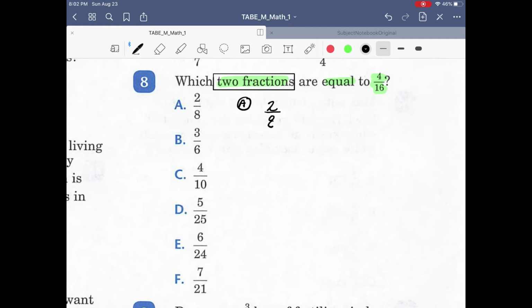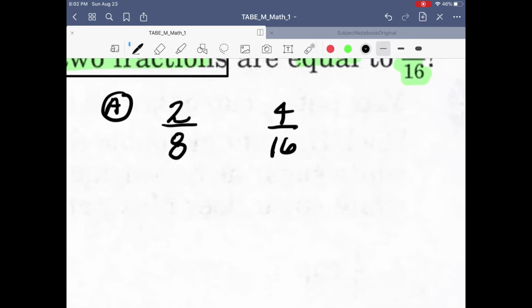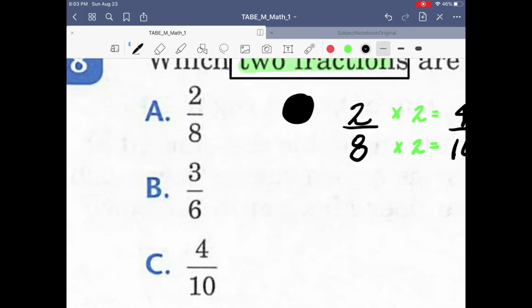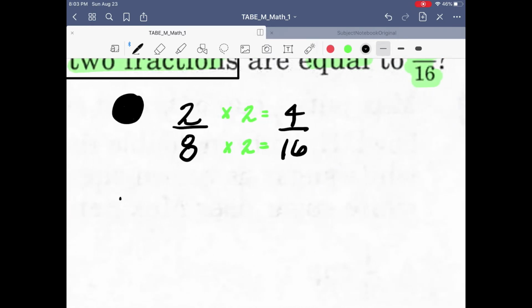So let's take, to start with, A, which is 2/8, and we're comparing that to 4/16. And this one's looking pretty good because 2 times 2 is 4, and 8 times 2 is 16. So I like A as one of my choices.